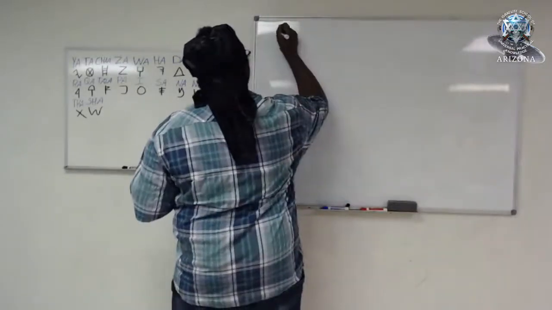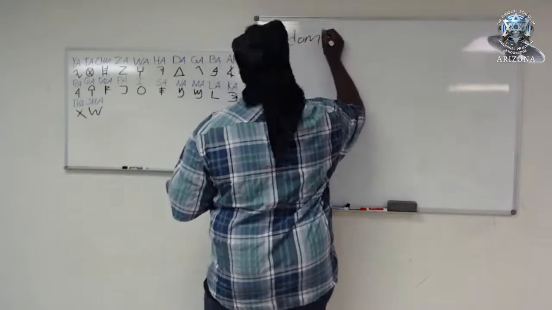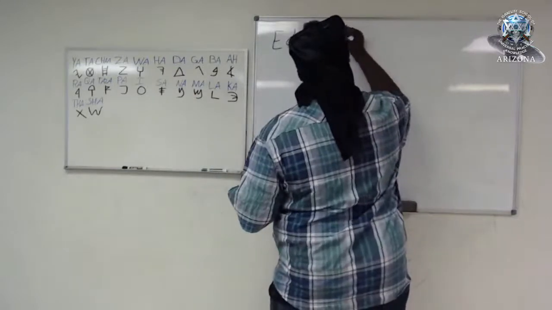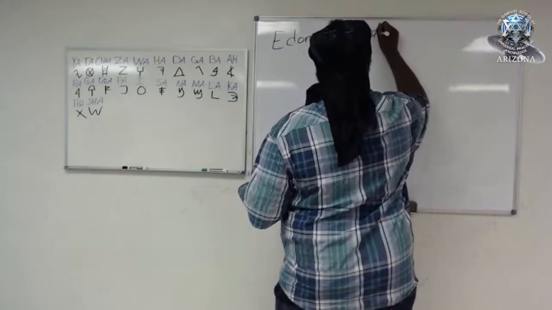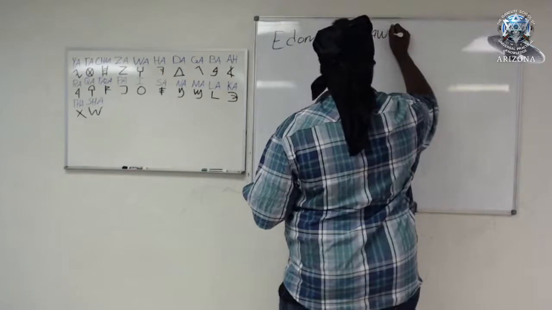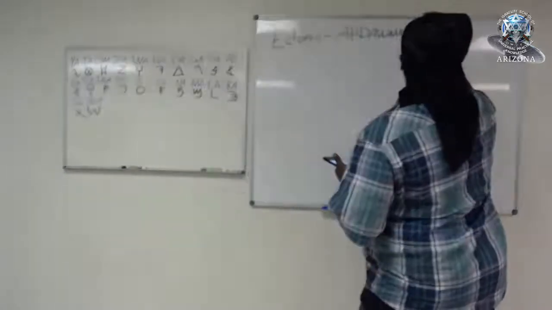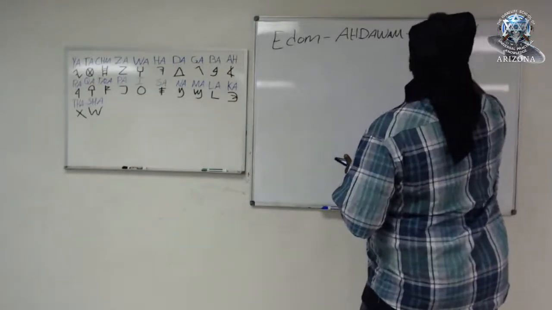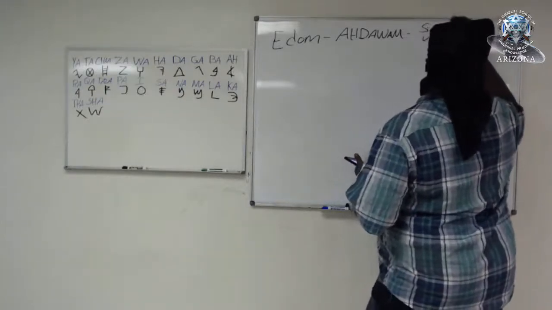Let's have Edom, which in the Hebrew will be Adawan. These are the so-called white people, Caucasians.